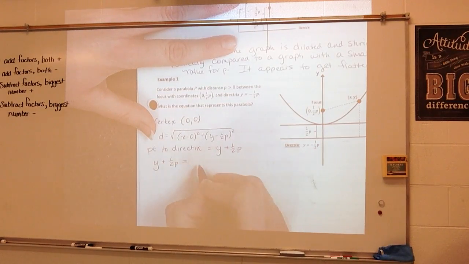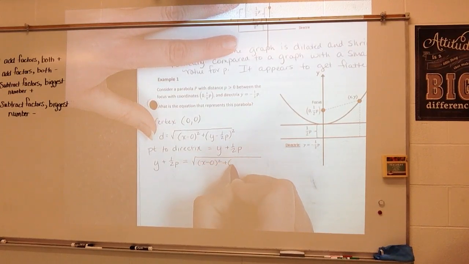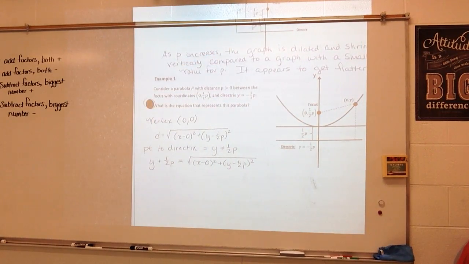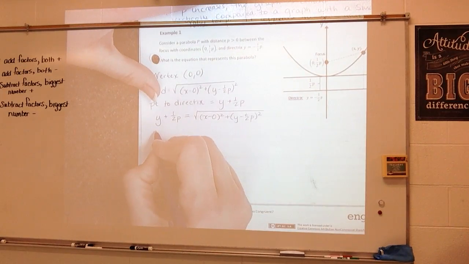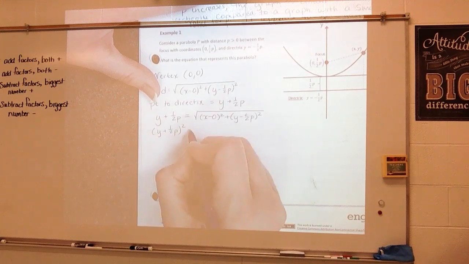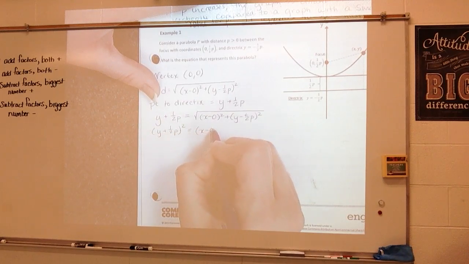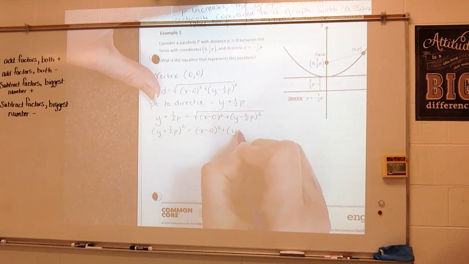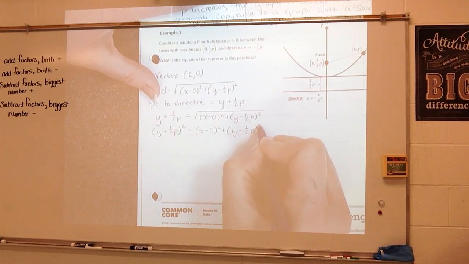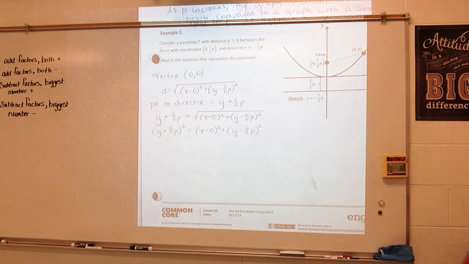So y plus 1/2 P is equal to the square root of x minus 0 squared plus y minus 1/2 p squared. Start by squaring both sides. So I get y plus 1/2 p quantity squared is equal to x minus 0 squared plus y minus 1/2 p squared.